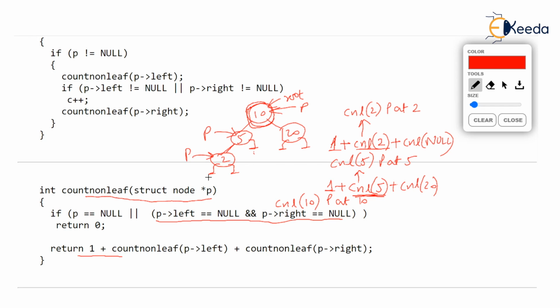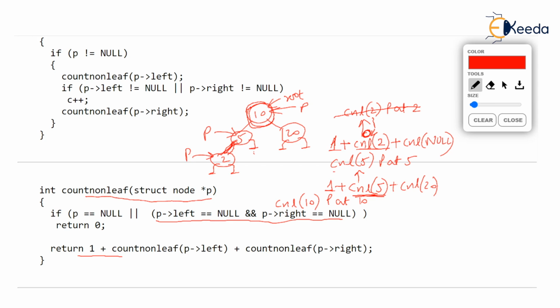So we are not interested to go further at all. By the way, count non-leaf 2, here I am striking out. Count non-leaf 2 has returned 0. 0 back at the call. This call, count non-leaf 2, is 0. So what we know is that the left branch of 5, we were talking about the left branch of 5, is having 0 non-leaves, isn't it? Left branch of 5.